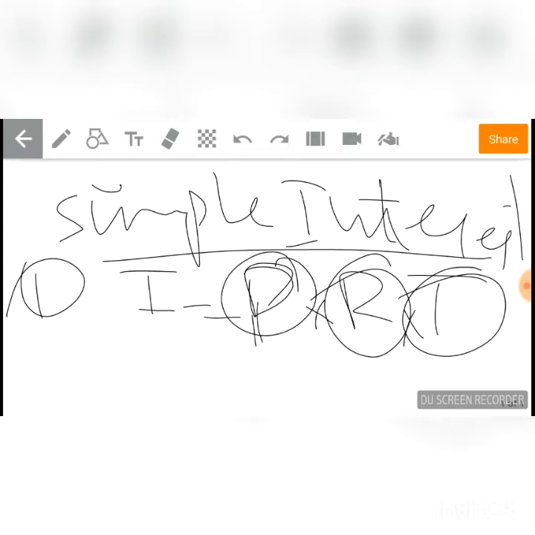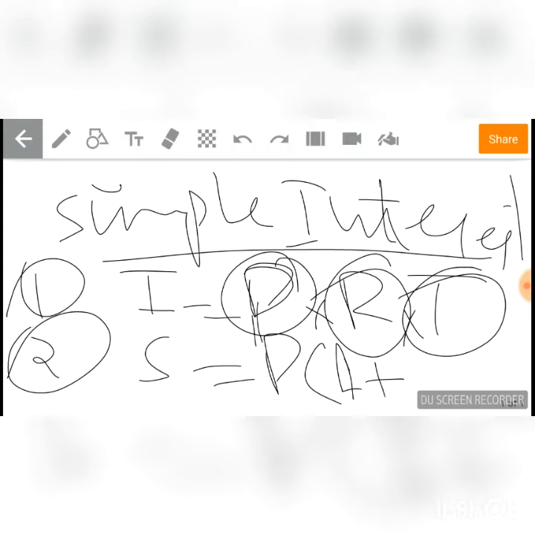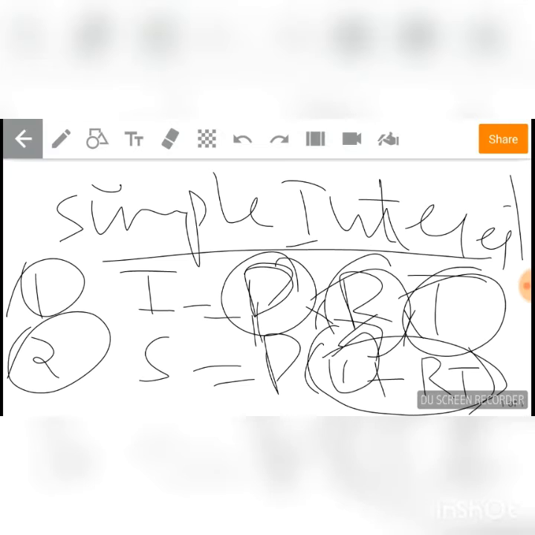Okay, so another formula is S equals P(1 plus RT). This factor 1 plus RT is called the accumulation factor. Here 1 is the constant, R is again the interest rate, T is the time, P is your present value, but here S is your future value, which you will have after some time period.